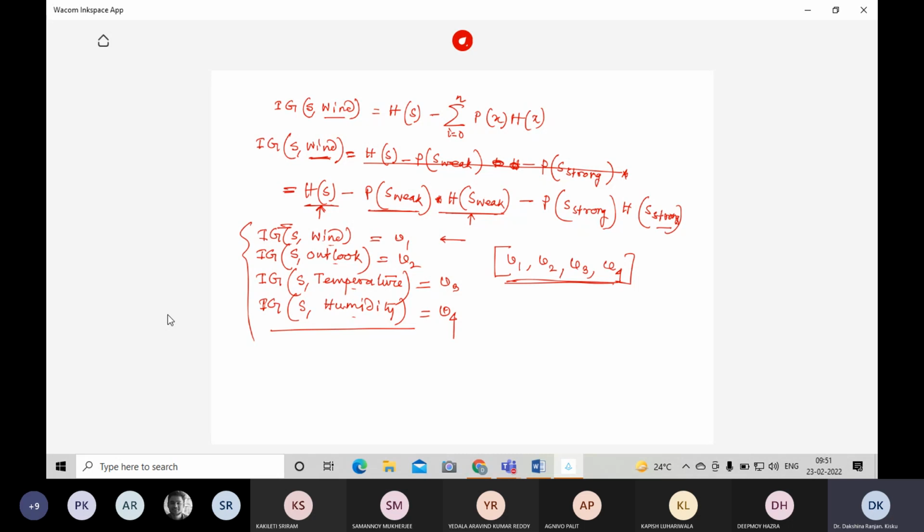With this basic step we can compute the feature having the maximum information gain, which is to be selected as the root node. So now the root node is selected. Now what will we be doing? Let us consider that wind is selected as the root node. So what will be our next step?